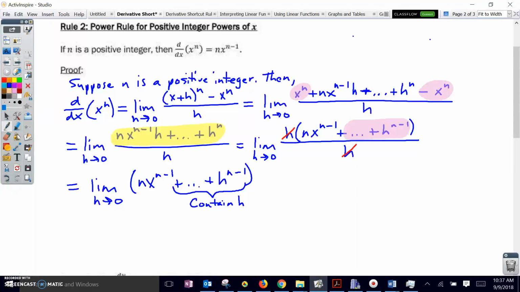And therefore, when I substitute h in to take my limit, all of those terms become 0. And the limit of this is just going to be n times x to the n minus 1. And that is exactly what we want the derivative with respect to x of x to the n to be equal to. And so we're done.